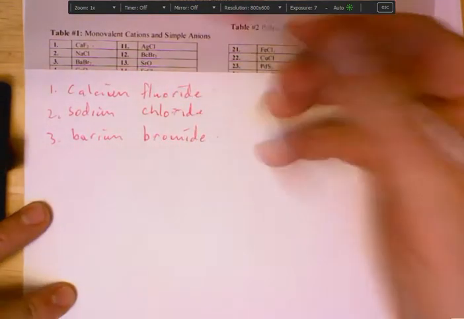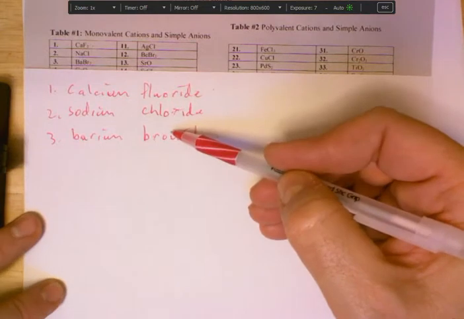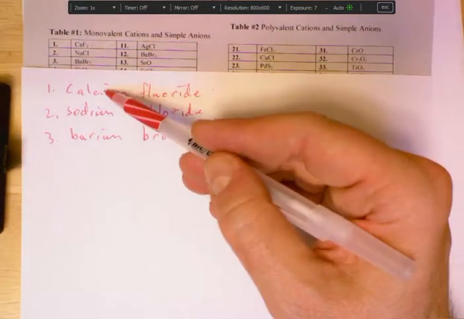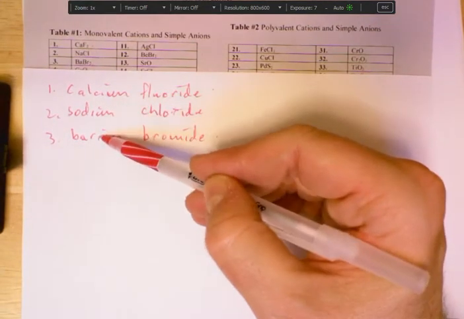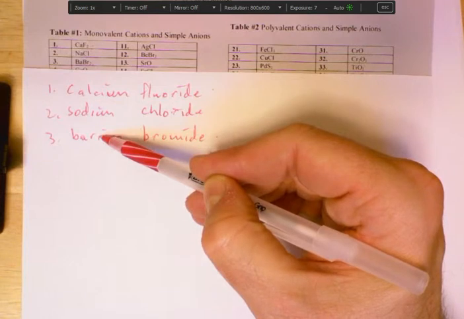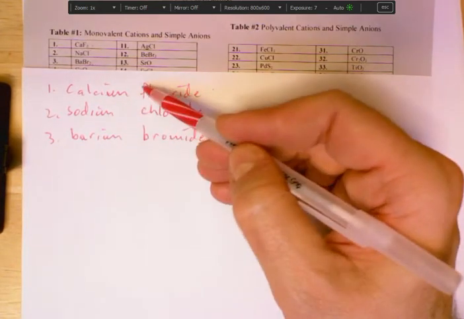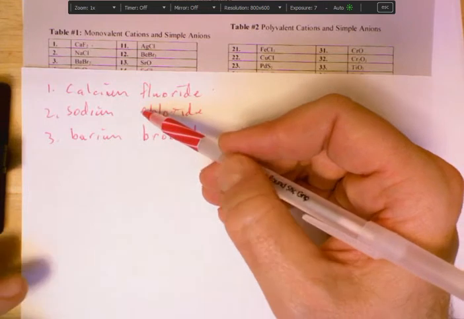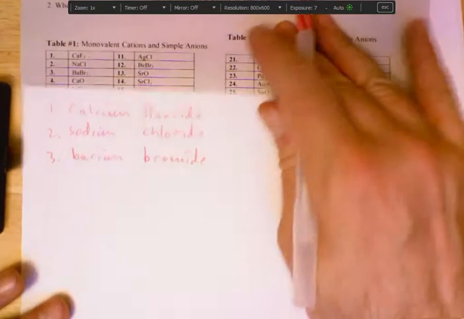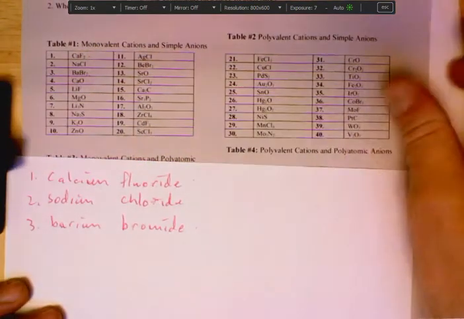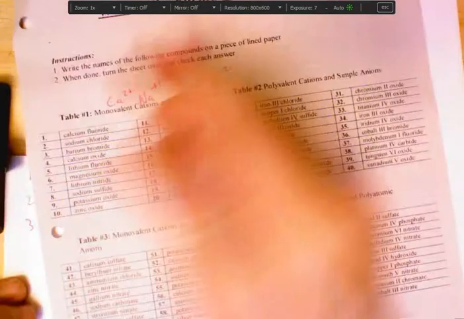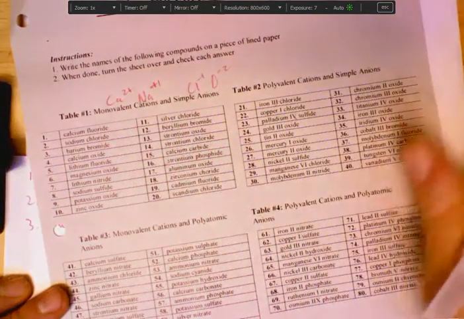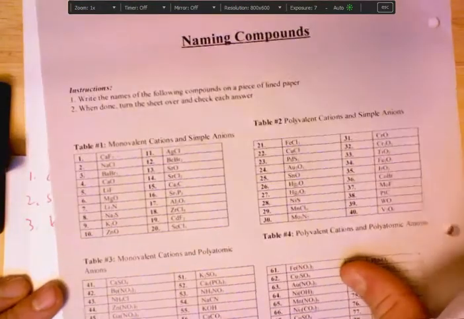Now, some students ask, how do I know not to use the Roman numerals here? Well, for the simple cations, for calcium, sodium, barium, and any other cation that can only have one possible charge, we don't need Roman numerals. We only need Roman numerals if an atom can have more than one possible charge. So basically what you're going to do is go through 1 to 20 and then flip the sheet over and on the back just check your answers and make sure that the names that you wrote down are correct.